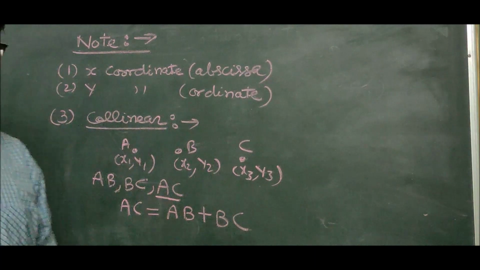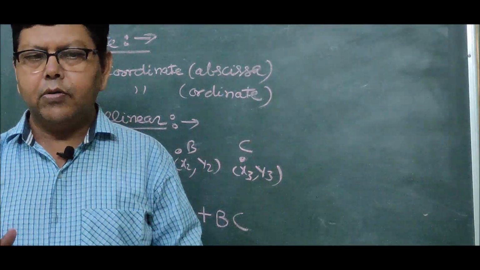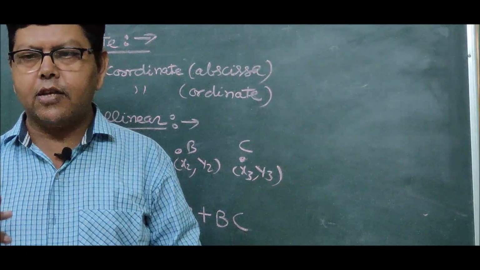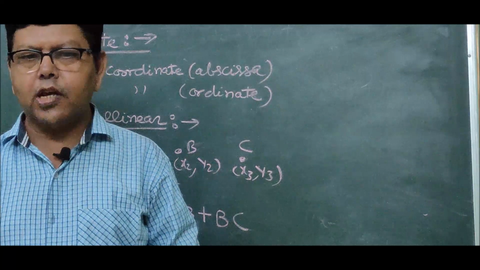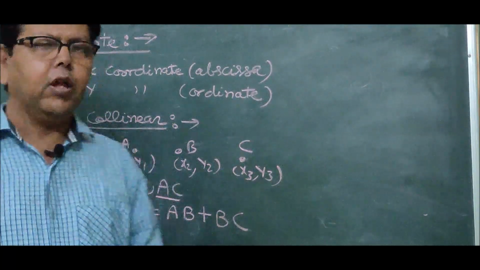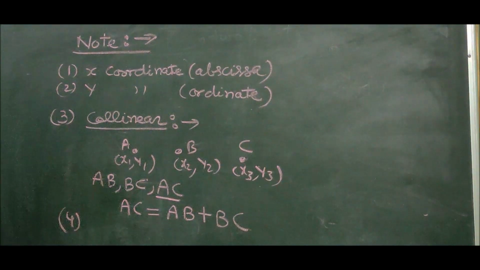So for collinearity you need to find the three distances and find the largest distance. If it can be expressed as the sum of the other two distances, then the 3 points are said to be collinear.